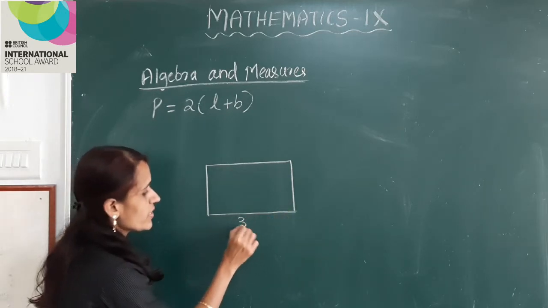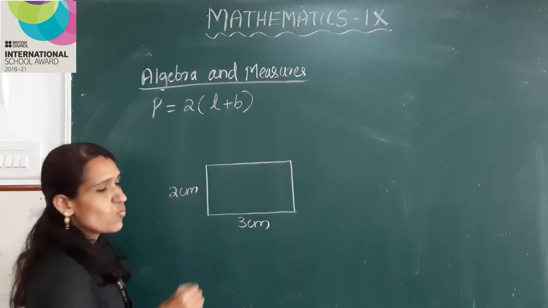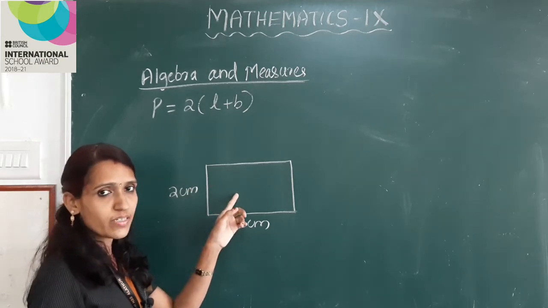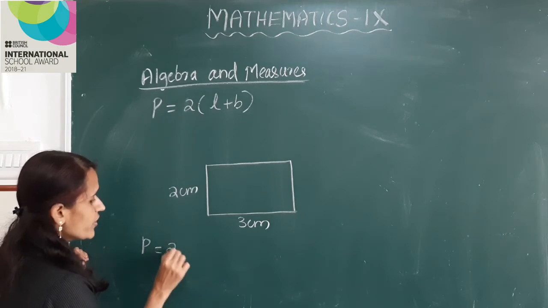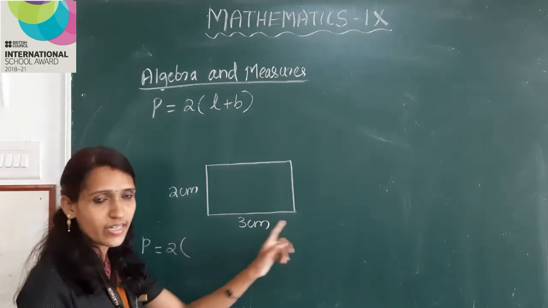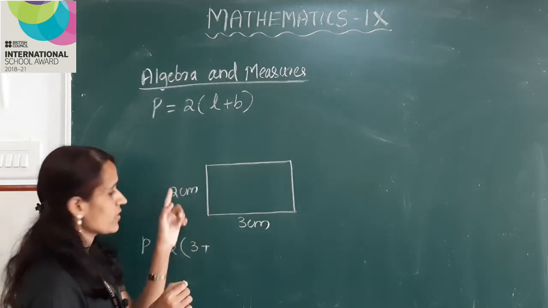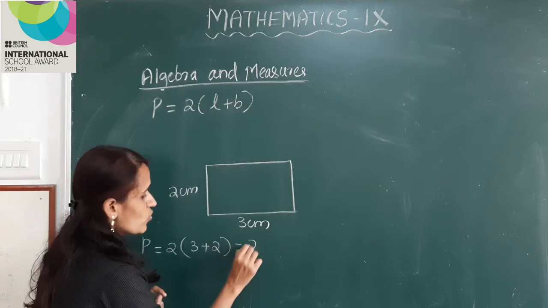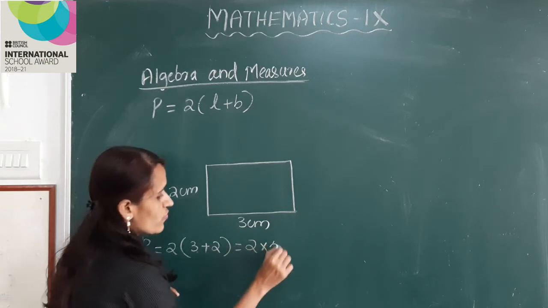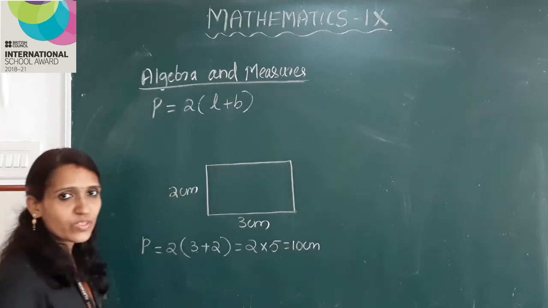Length is 3 centimeter, breadth is 2 centimeter. What is the perimeter of this rectangle? Perimeter is equal to 2 into length plus breadth. Here length is 3 centimeter and breadth is 2 centimeter. 2 into 3 plus 2, 5. This is equal to 10 centimeter.